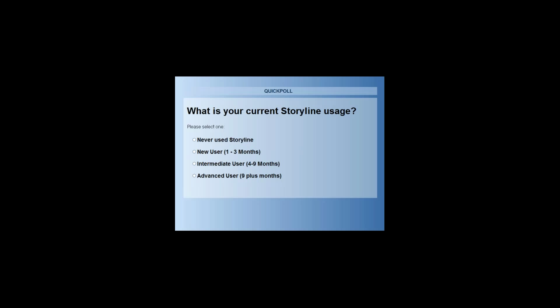The poll asked about current usage of Storyline. 78% of people have voted, and the results are in. About 30% never used, 30% new user, 1 to 3. Okay, 100% of people have voted. So we've got 20, 20, 20, which is never used, new user and intermediate, and 40% advanced, which is 9+. It's good to have a spread of people across these different areas.